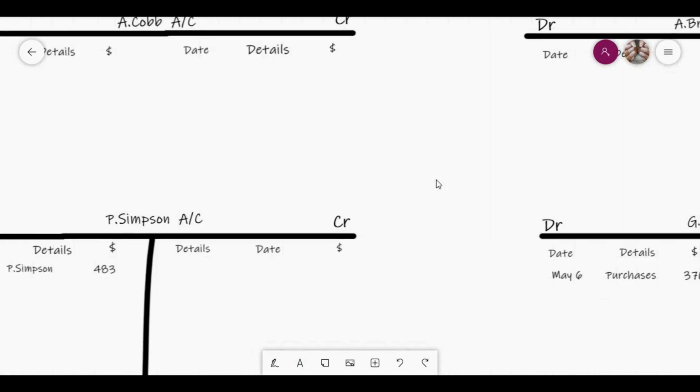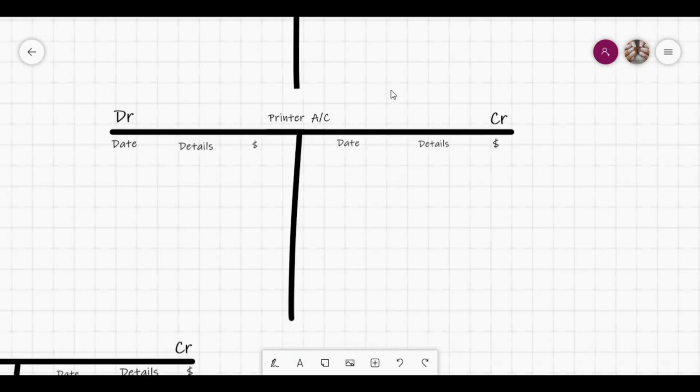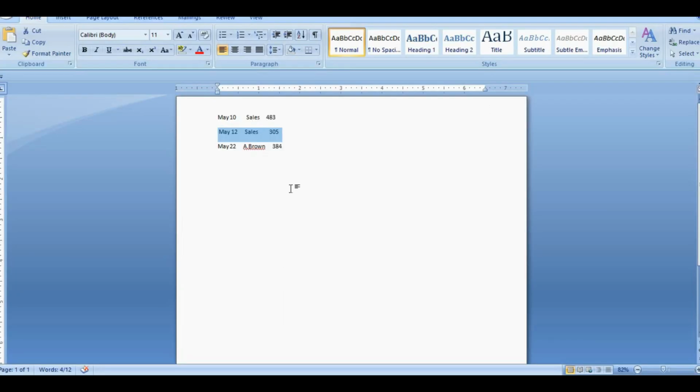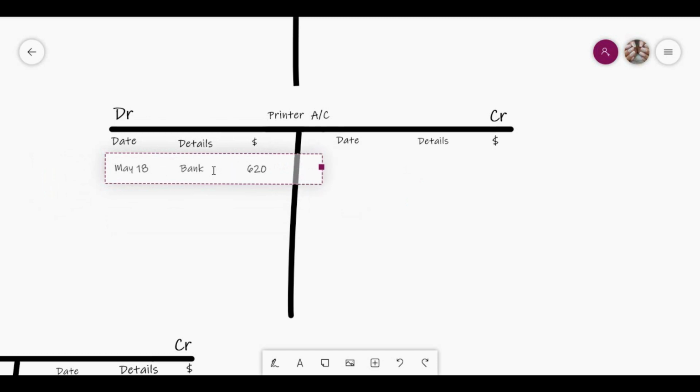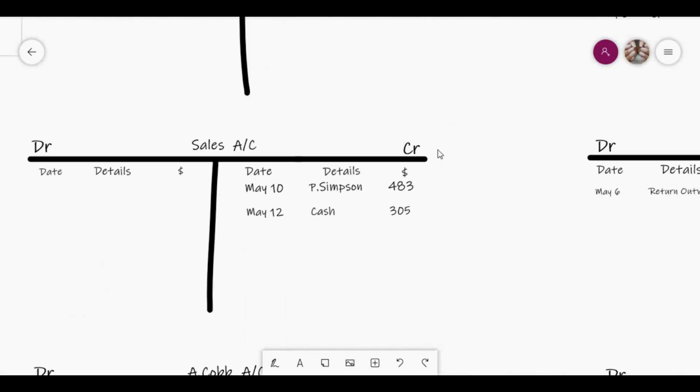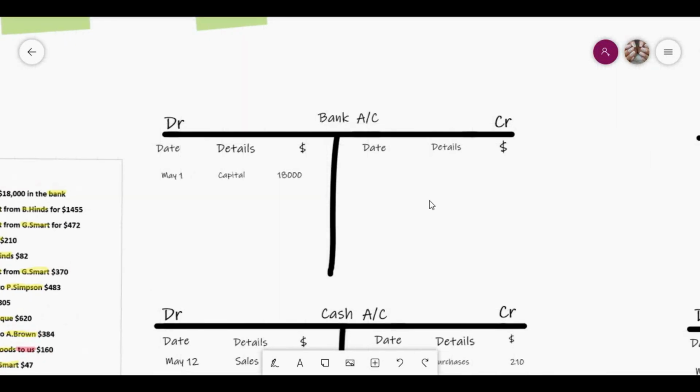It is going to be credited on the bank and debited on the printer account. So under the printer account, May 18 bank 620, and under the bank account on the credit side, May 18 printer 620.